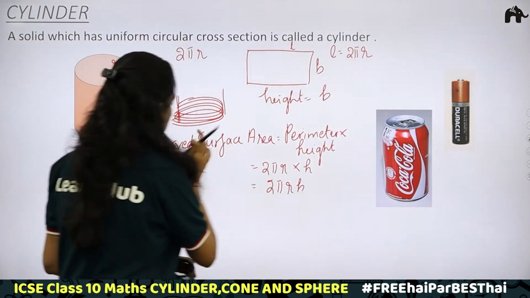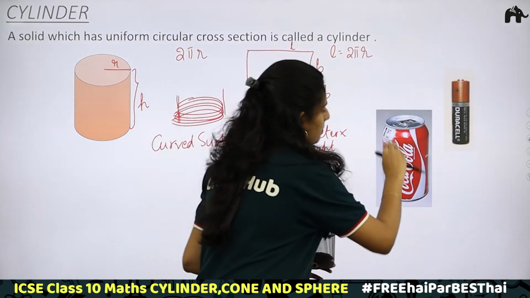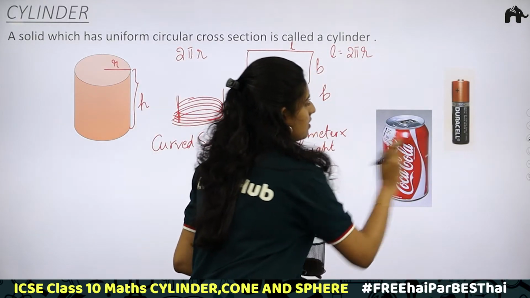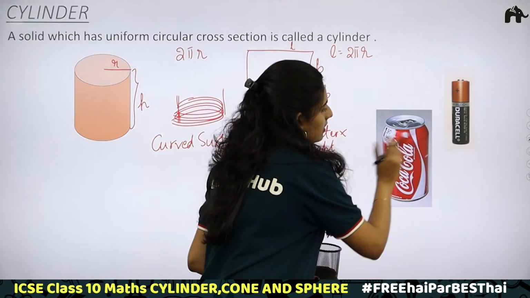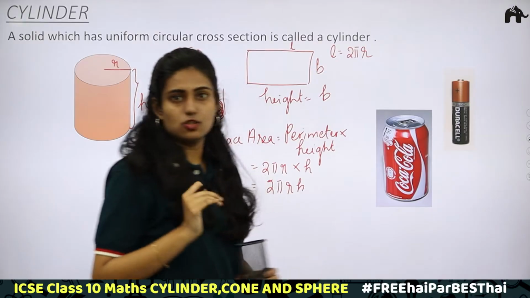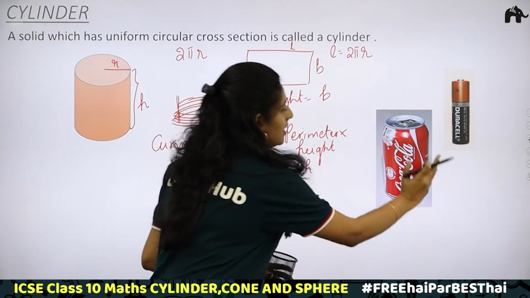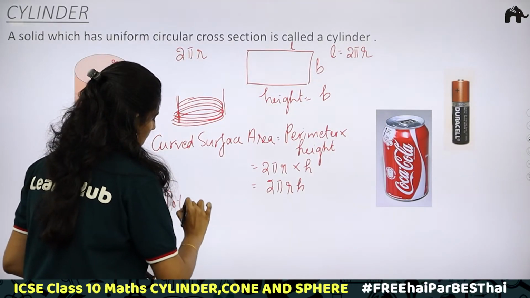In that case, you can easily get the curved surface area. If I want to paint the curved surface of this bottle, I can calculate the amount of area that is to be painted. Clear? Now, we have studied the curved surface area. Next is the total surface area.